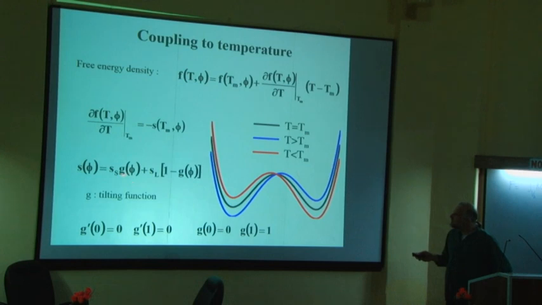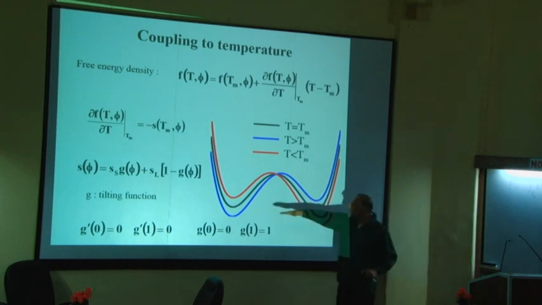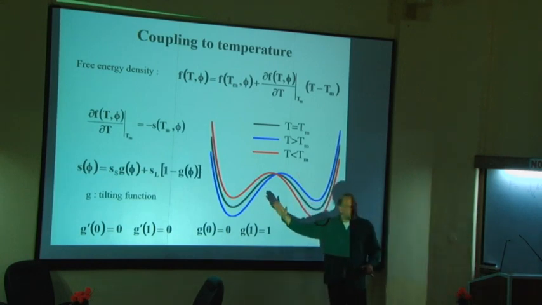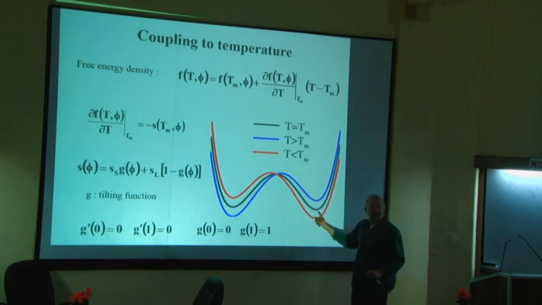Now I include this function g because I would like this double well to be tilted, but I would like the minima to remain exactly at 0 and at 1. If I just put a linear term, if I would put here just phi instead of g of phi, that would be like the magnetic field. I would just tilt the well by adding a linear term. That means that the minimum would be slightly shifted with respect to 0 and 1.